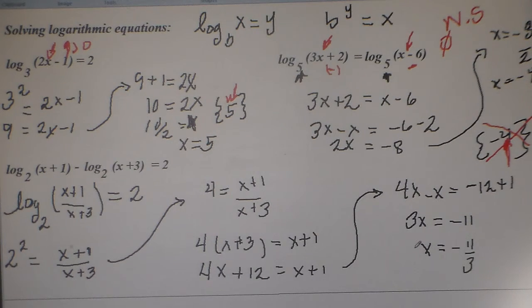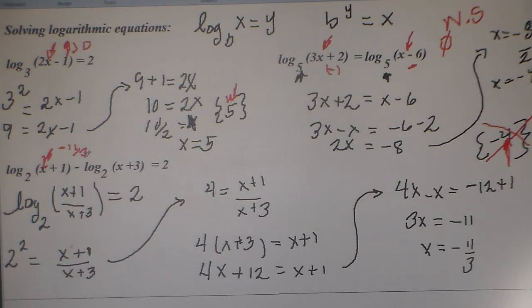Now we'll check whether this solution gives me positive or negative arguments. When you substitute x in your original equation by negative 11 over 3, what happens?